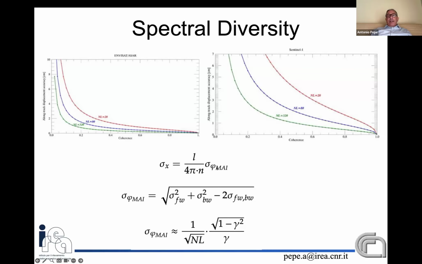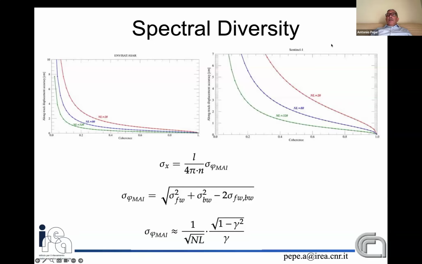And the standard deviation of the multiple aperture interferometry phase depends, in turn, on the coherence of the observed targets. So in case the coherence is quite large, higher than 0.8, 0.9, even 0.7, we can obtain quite accurate measurements of the azimuth displacement.